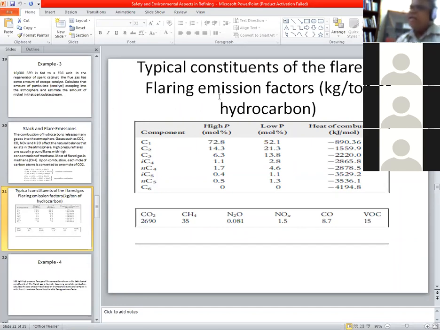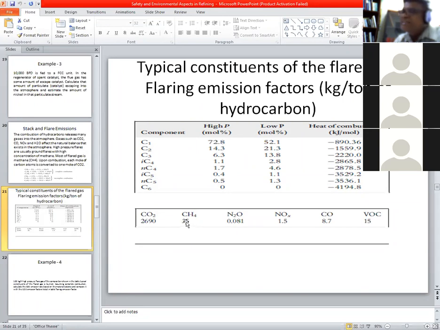From flaring, emission factors are also given for some gases, CO2, CH4, and other gases, that is the volatile organic compounds, you know. So these are the values given. But here, see, refer to the unit. For example, CO2 emission factor is 2690 kg per ton. Accordingly you have to write.